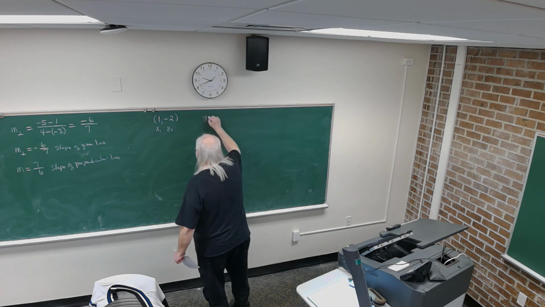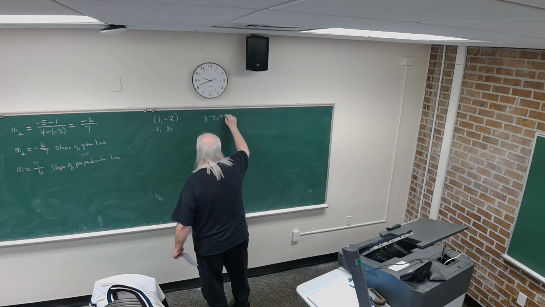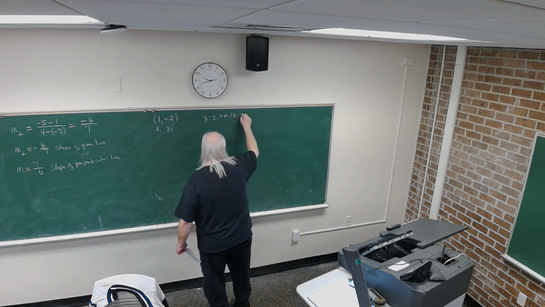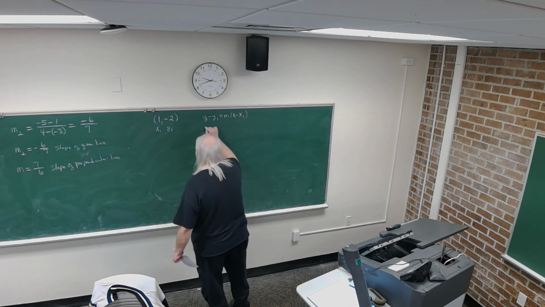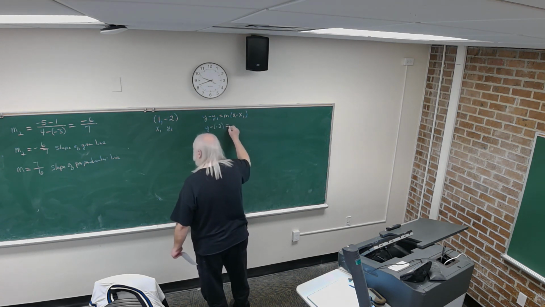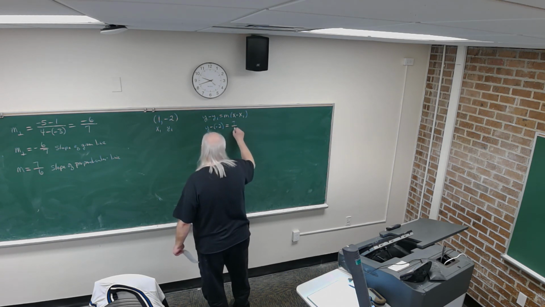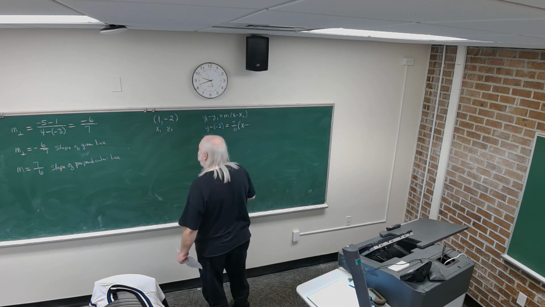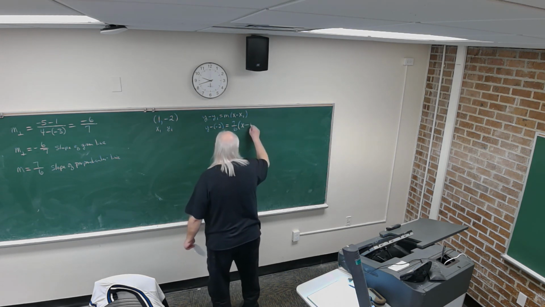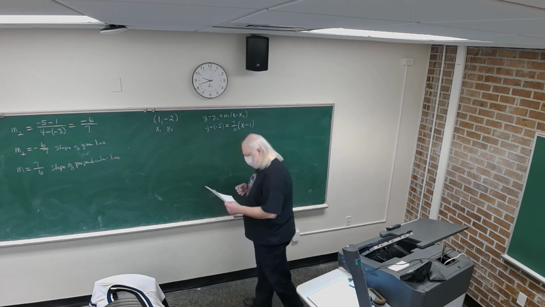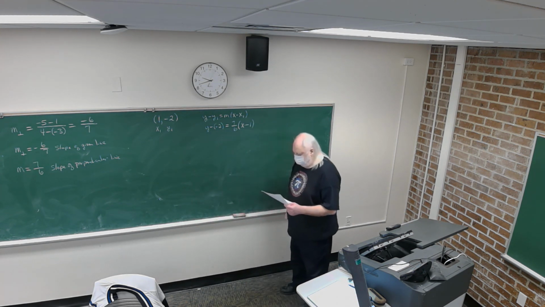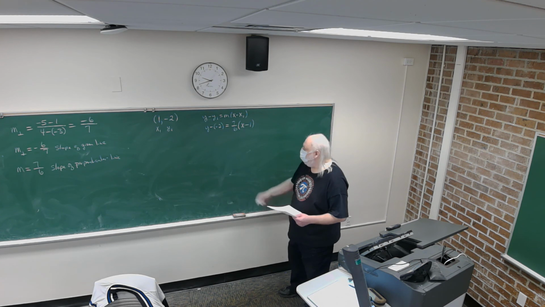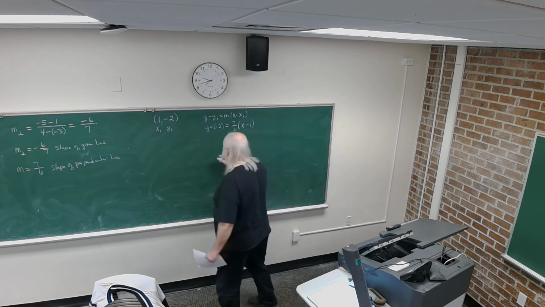So the equation is y minus y1 is equal to m times x minus x1. y1 is negative 2. m is 7/6. And x1 is 1. Well, minus a negative is positive.